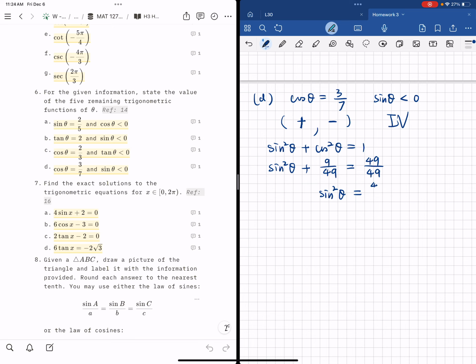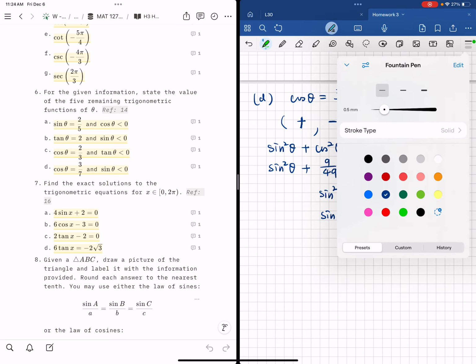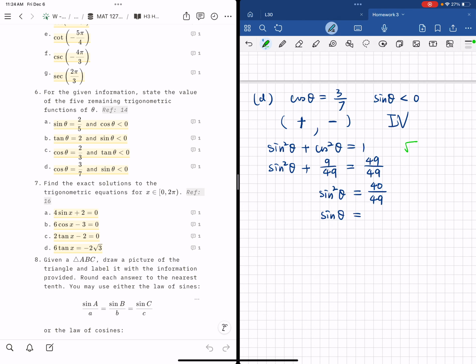This will give me 40 over 49. And then I take a square root on both sides. I will get square root of 40 over 7. So square root of 40, let me do a quick analysis somewhere. Square root of 40, right? It's square root of 4, square root of 10. So that's 2 radical 10.